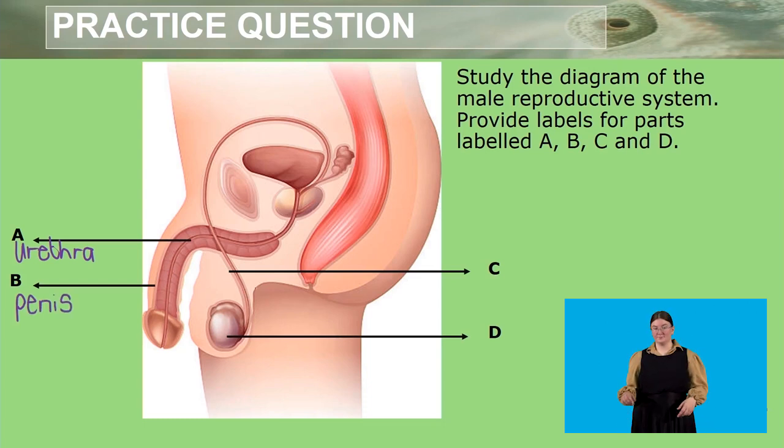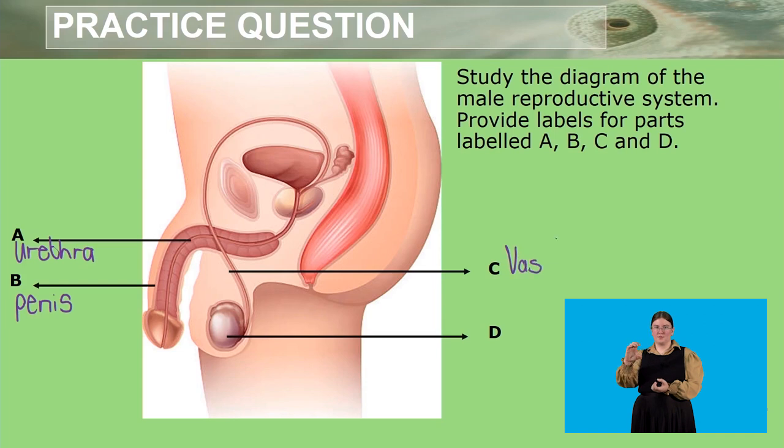And then C is pointing to another duct that is part of the male reproductive system. That leads from a part where sperm are produced, and that transports the semen containing sperm to the penis. We know this duct or this tube is known as the vas deferens.